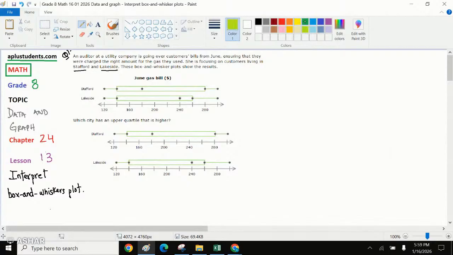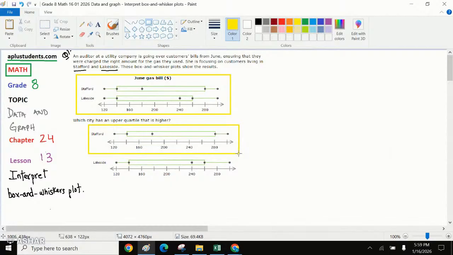This same diagram, which is given to us in the question, I broke it down into two separate diagrams. Making two would be very time consuming, so we just look at the question given and we look at the values.